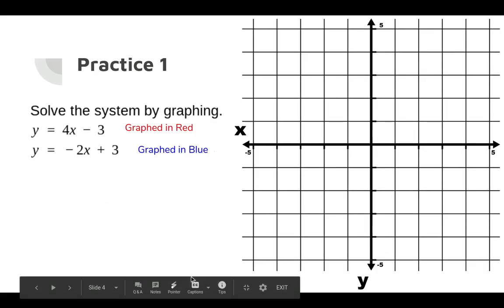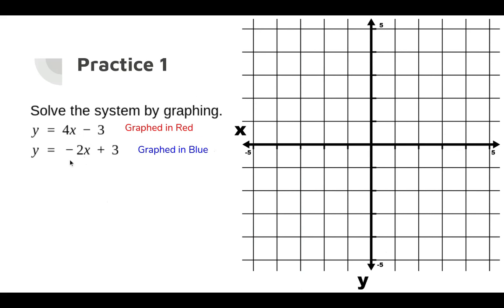So let's take a look at an example. In this example, we want to solve this system by graphing. So we have our two equations, y equals 4x minus 3 and y equals negative 2x plus 3. We're going to graph one in red and the other in blue, just to separate them and help our eyes a little bit.